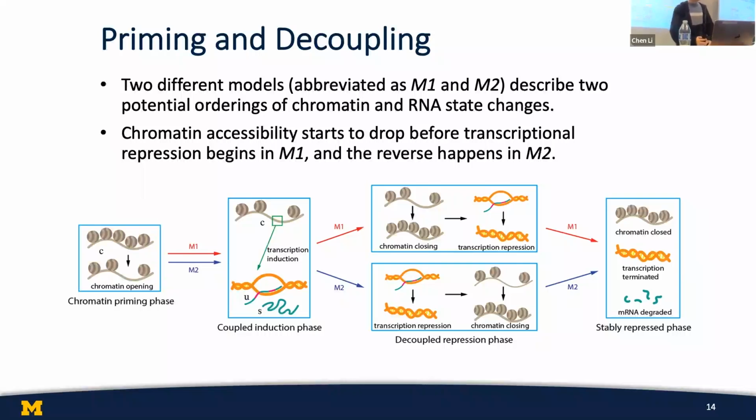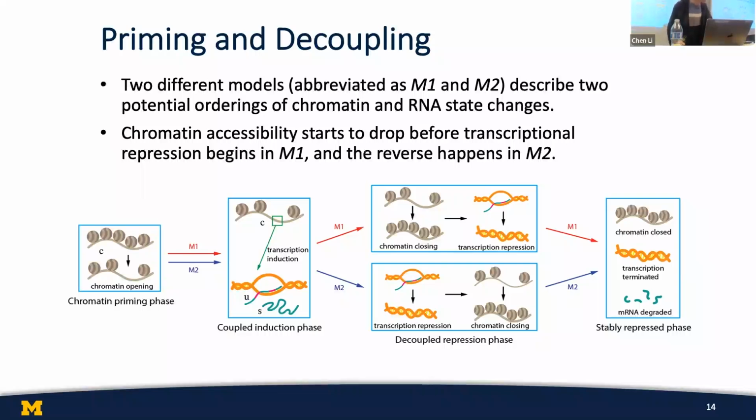The reason is that it's unlikely for RNA to be produced on a locus that is closed. So chromatin has to open first. Then both models will go into the coupled induction phase, where both the chromatin and the RNA levels go up. Now the difference is when either modality slows down or drops.